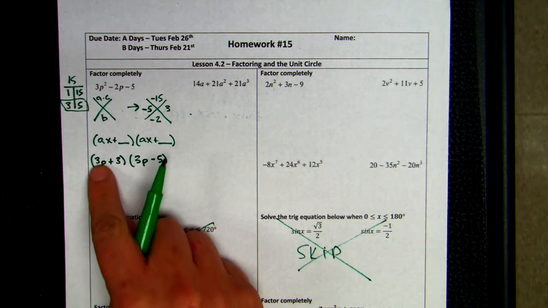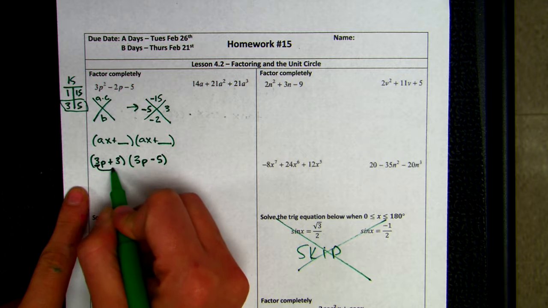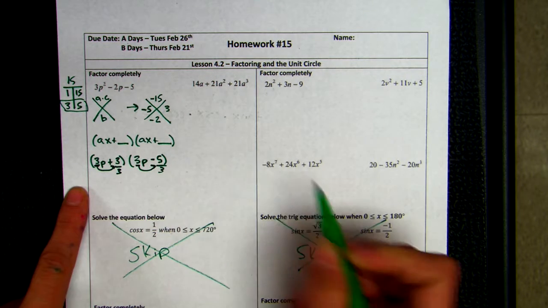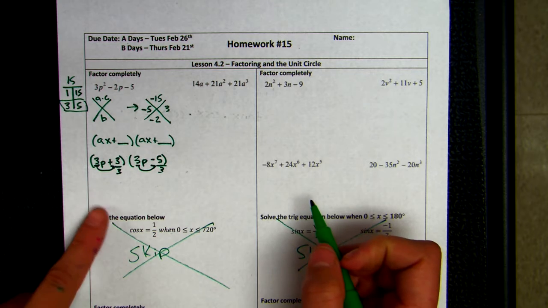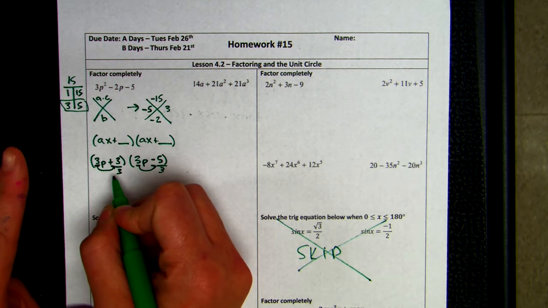And then 3p and my other factor, -5. Now a reminder, when my a value is greater than 1, I have to swing and reduce here. So I take my coefficient of a, and I swing it to become a denominator. Okay? And then I check to see if this simplifies. 3 divided by 3 would give me 1.